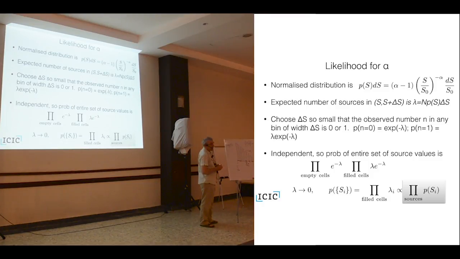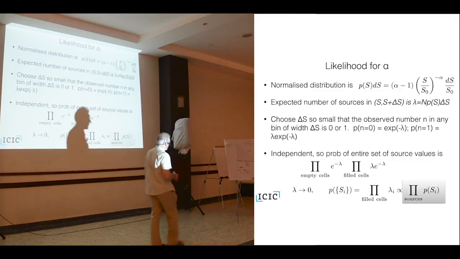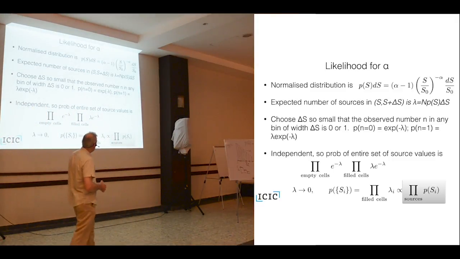If you bin the data, one approach you might first think of is, let me take my data, make a histogram of it, and then work with the numbers in the histogram. You could do an analysis like that, based on explicitly binning the data into a histogram, but you lose information if you do that. You don't need to do it at all. You can just work with any continuous field like this.